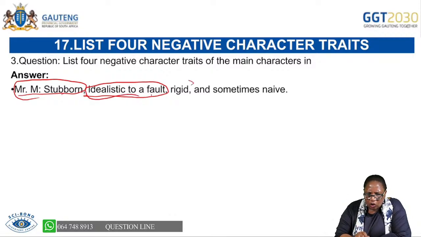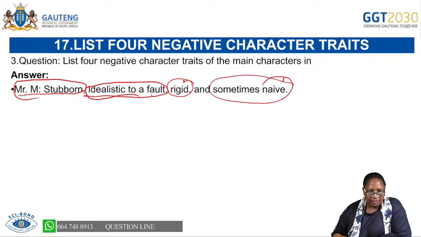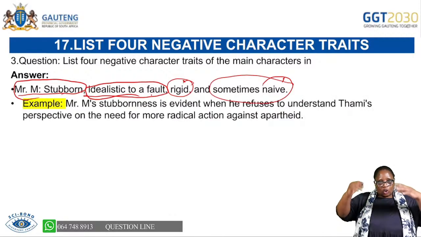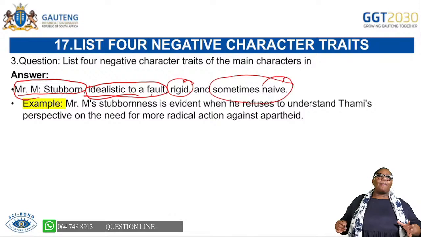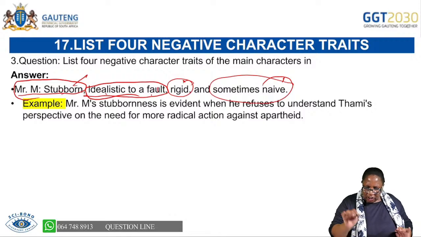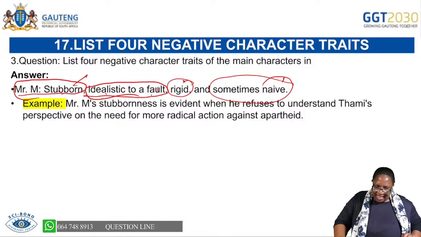He is also very rigid and sometimes naive. How is he stubborn? I want you to go back to your books. I want you to go back to the drama and check incidences or examples where it shows that Mr. M is stubborn, where it shows that Mr. M is idealistic, rigid, or sometimes naive.